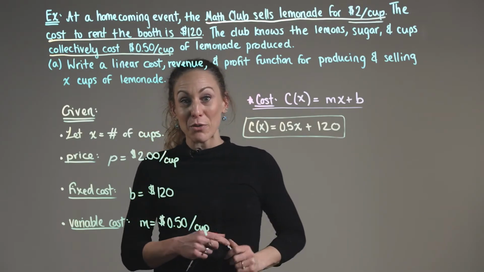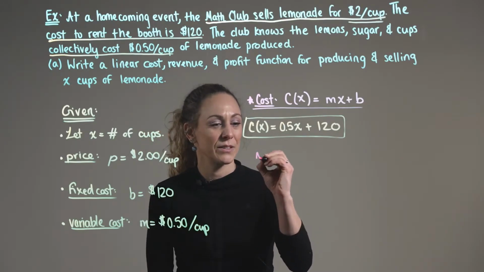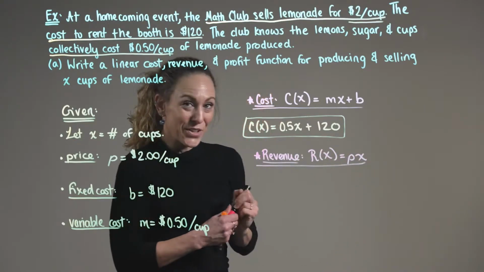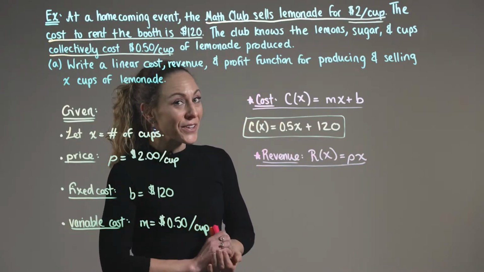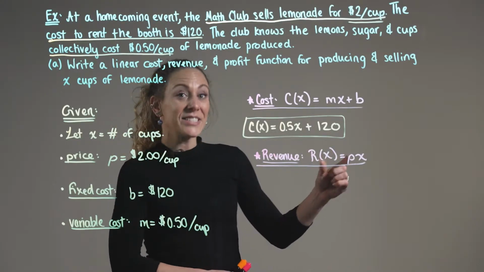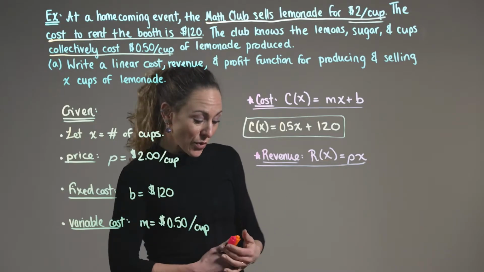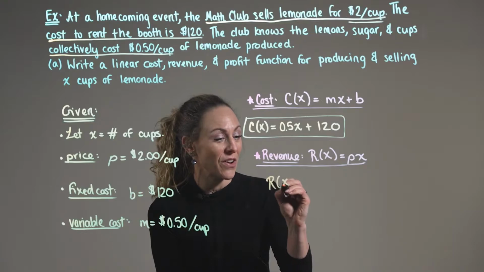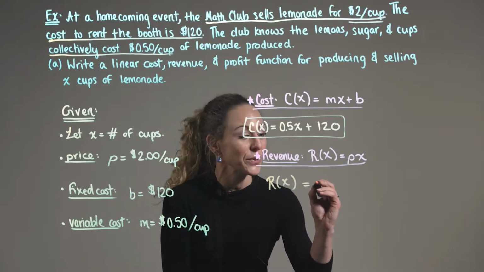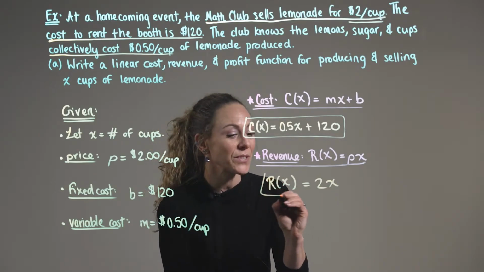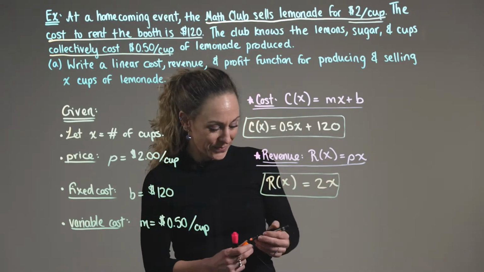Let's now recall what we know about revenue. So recall that the linear revenue function is defined by price times quantity of items sold. So given this information, we can say that our revenue function, R of x, is going to be equal to $2 times x, the number of cups of lemonade sold.